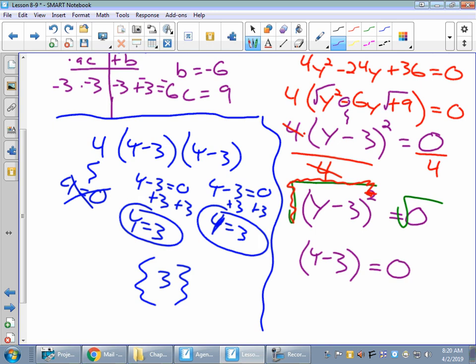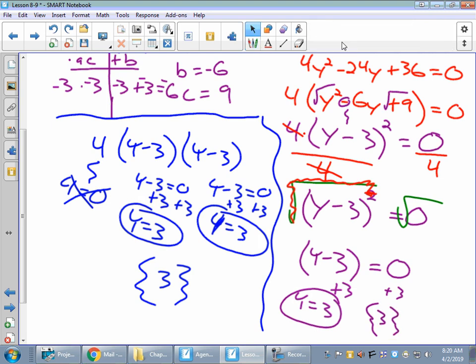So now I undid the square, and it's just y minus 3 equals 0. Add 3, and y equals 3. In solution set, that'd be 3. It doesn't matter whether you do it on the left side in blue or on the right side that we did in purple. As long as you get your solution set of 3, that's all we're worried about.